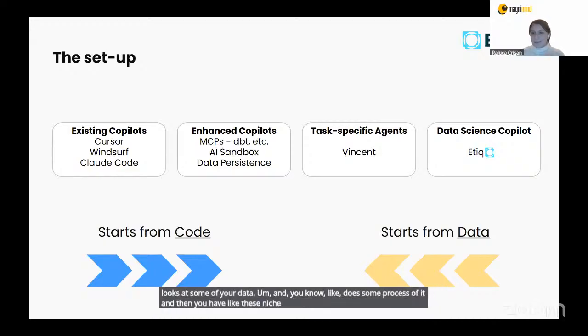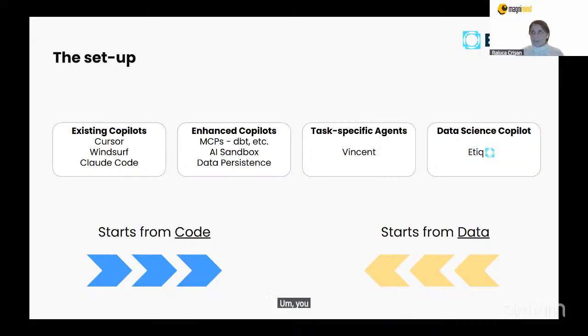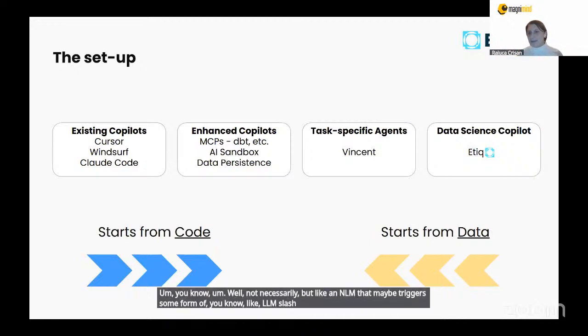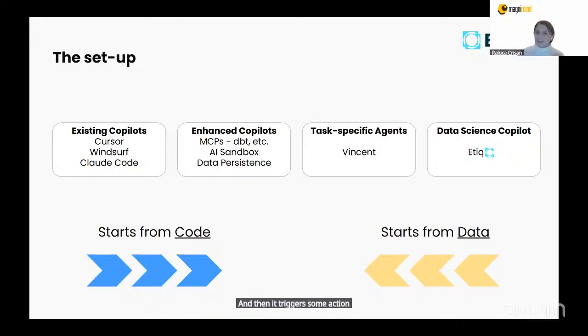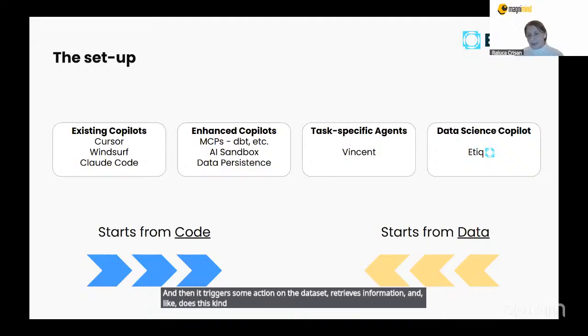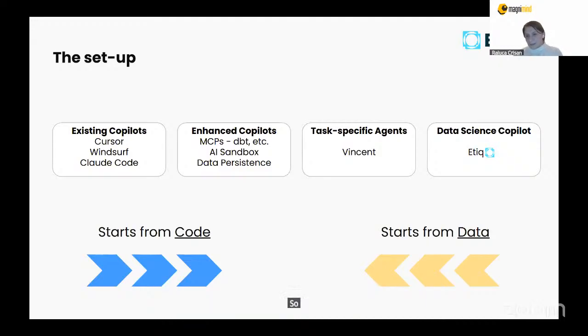But fundamentally they all start from the point of view of a semantic search, right? Not necessarily, but an LLM that maybe triggers some form of LLM slash semantics happening at the same time. And then it triggers some action on the data set, retrieves information, and does this ad nauseam, right? So the data is not the primary thing.